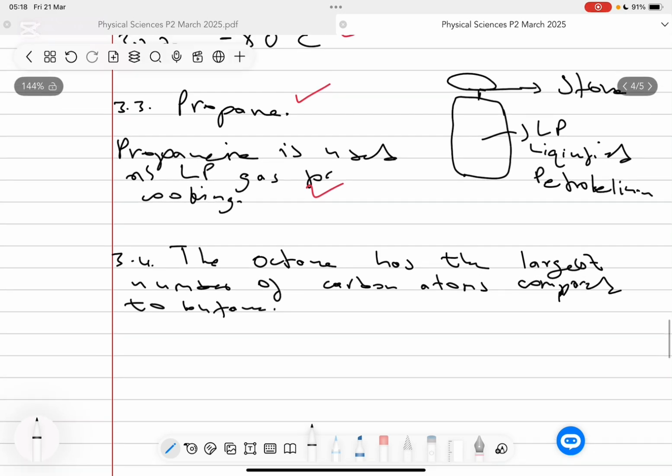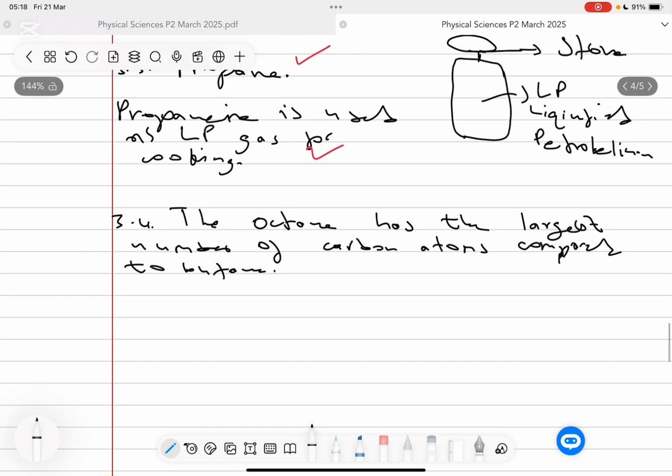That's the first thing. The second thing that I will say here is that because octane is a large molecule, it will then have a large molecular mass.